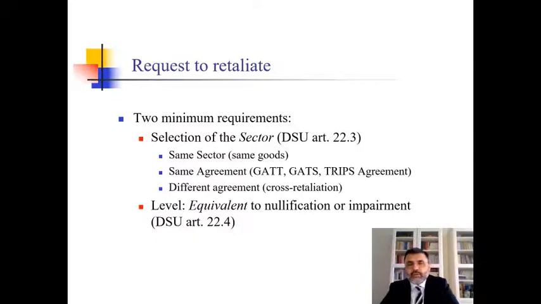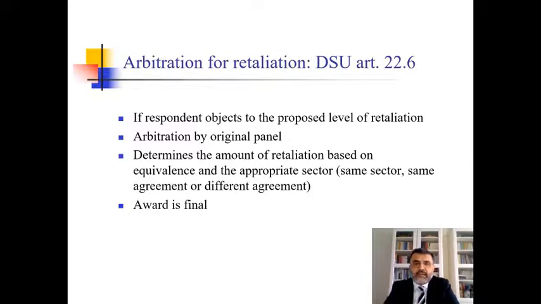And there are also rules about the sectors that retaliation may target. And the rules say that in principle, if practicable, if possible, the retaliation should target the same sector, if not the same agreement. If not, it may go beyond the same agreement and cover a different agreement.